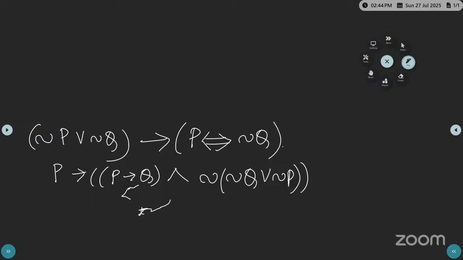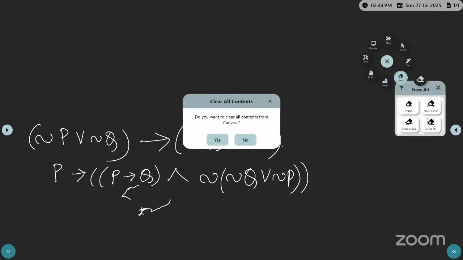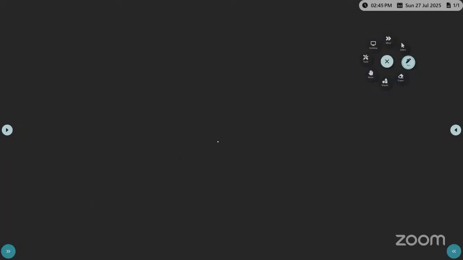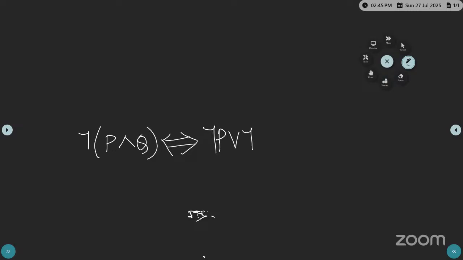Write down. Construct the truth table for negation of P and Q bi-implies negation P or negation Q. First take down this question. Completed?